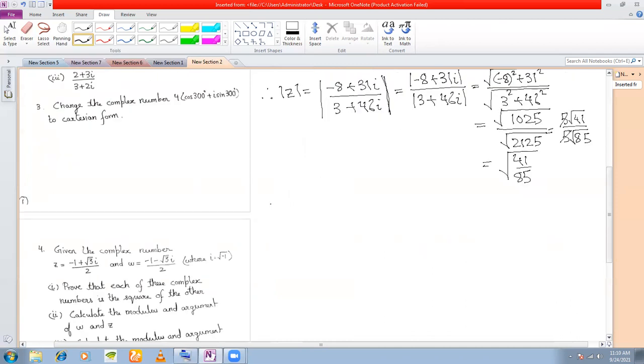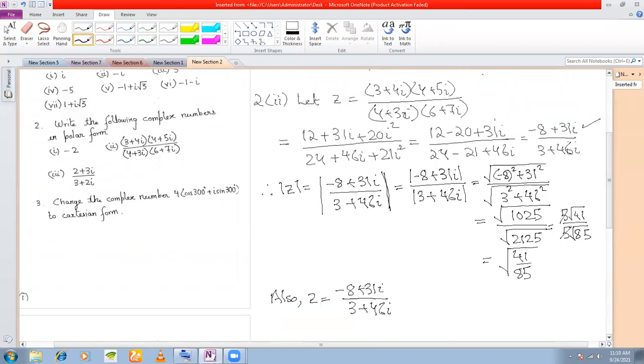Now we proceed to find out the amplitude. Before finding out the amplitude, we write the complex number as a plus ib or x plus iy. So (-8 plus 31i) divided by (3 plus 46i), because I have picked up the value of z from this part here.